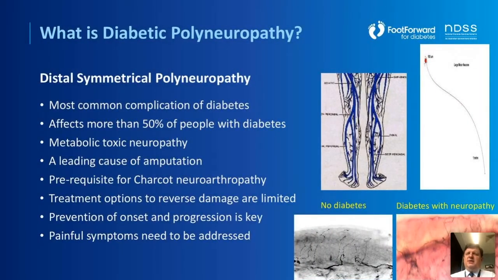So if we have a look at this next slide, just down in the bottom right-hand corner, I wanted to show some skin biopsies, a person without diabetes and then someone with diabetes who had neuropathy. This was published about 10 years ago by a PhD student, Lee Sorensen, in our group. and it stains the peripheral nerves after a cutaneous biopsy.